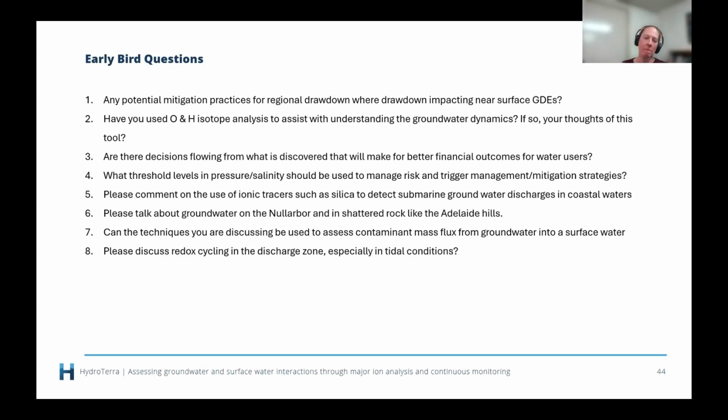Question number 3. Are there decisions flowing from what is discovered that will make for better financial outcomes for water users? Yeah, this was an interesting question, and I really appreciate it, actually. So I suppose for me, this question was, well, what does it all matter? Why do we care?